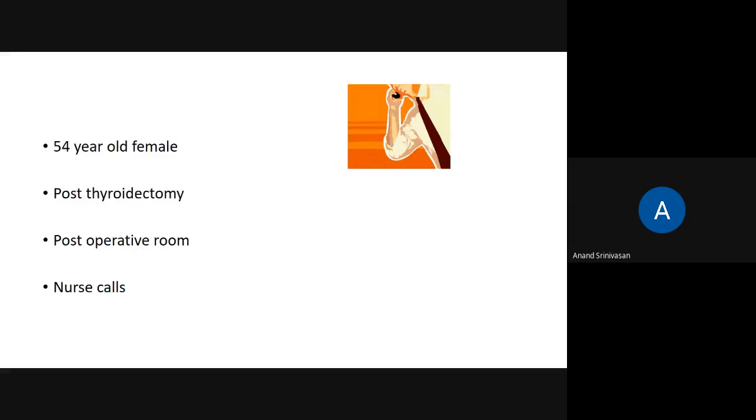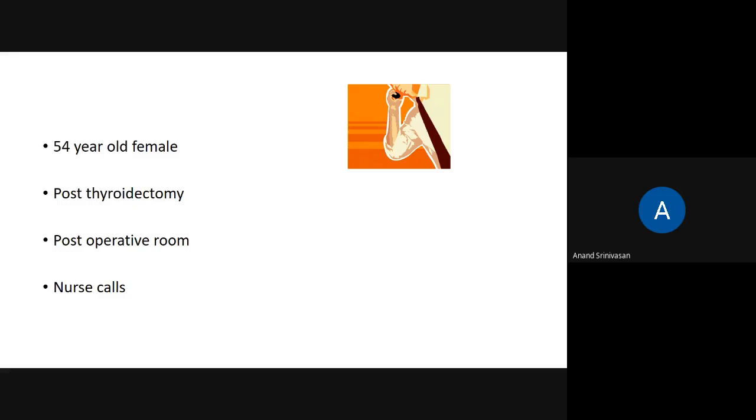Imagine that you are the physician and a 54-year-old female has undergone post-thyroidectomy, so the thyroid surgery is already done. She is in the post-operative room, and the surgery went off successfully. The nurse calls you, saying that the patient looks a little bit abnormal.